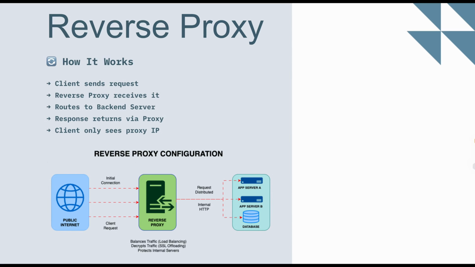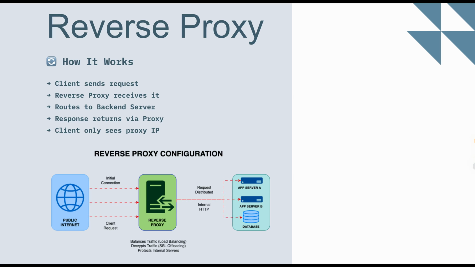Reverse proxy. When a website uses a reverse proxy, you do not communicate directly with the actual server hosting the website, meaning the backend server. Instead, you send your request to the reverse proxy.